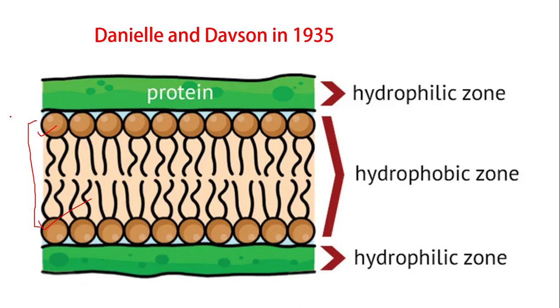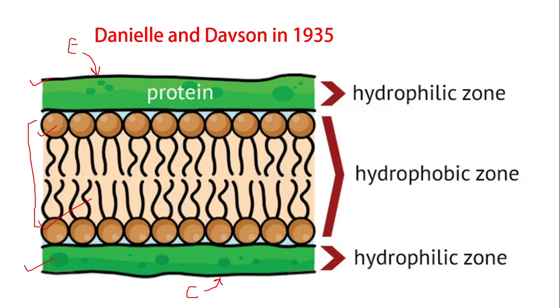On the outer portion of this lipid are the layers of protein. This is the outer portion of the plasma membrane facing towards the extracellular fluid, and the extracellular fluid is in direct contact with this protein layer. On the inner side of the plasma membrane, towards the cytosol or cytoplasm, it is also in direct contact with proteins. Neither the cytosol nor the extracellular fluid is in contact with the lipid layer.